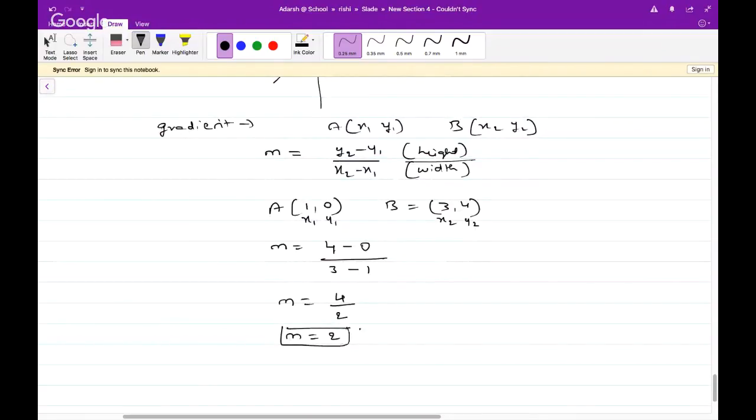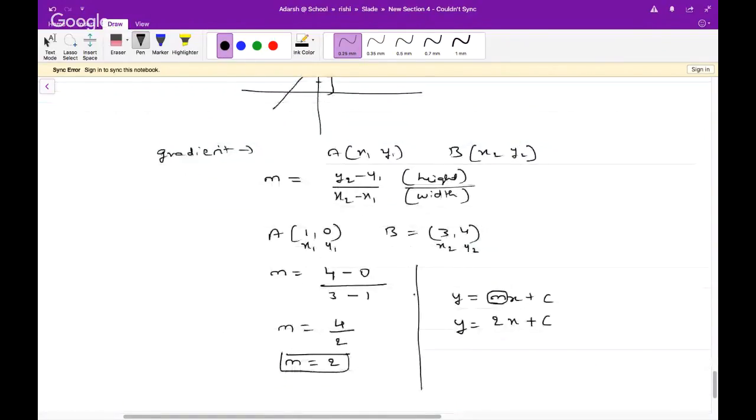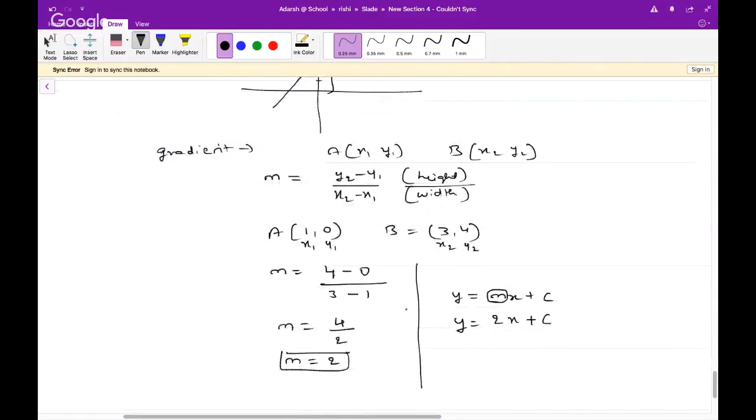Now how will you figure out the equation of the line? The equation of a line is y equals mx plus c. The value of m happens to be 2. So y is equal to 2x plus c. This line passes through both the points A and B, so both points should satisfy this equation.